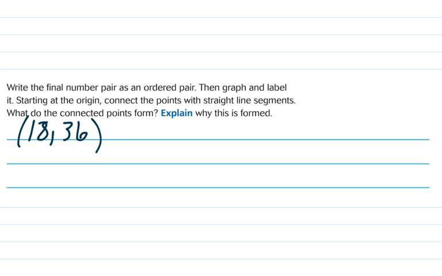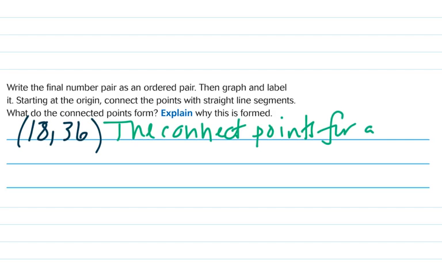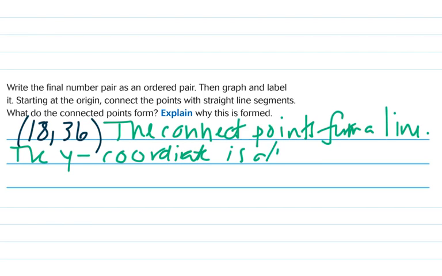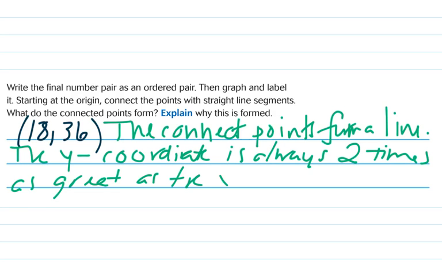A line. So what we would say is the connected points form a line. And what we could say is the y coordinate is always 2 times as great as the x coordinate.